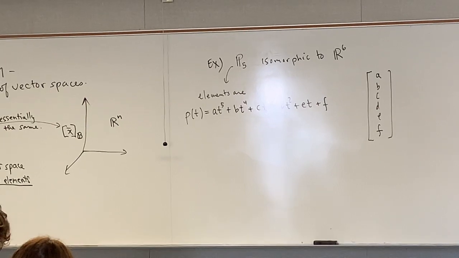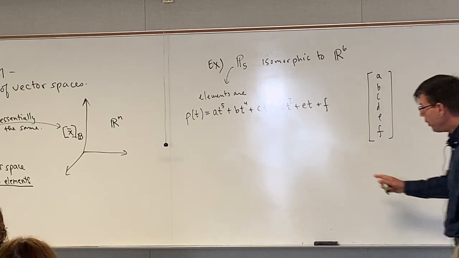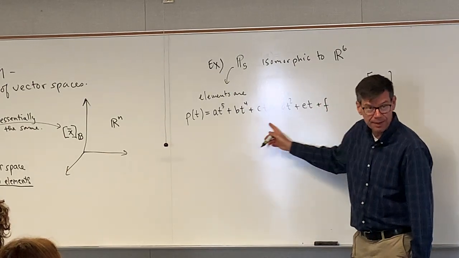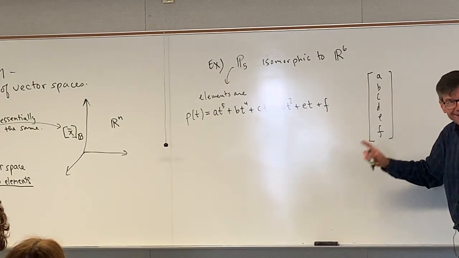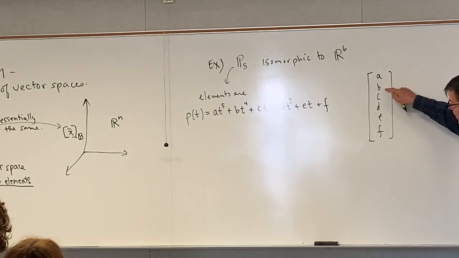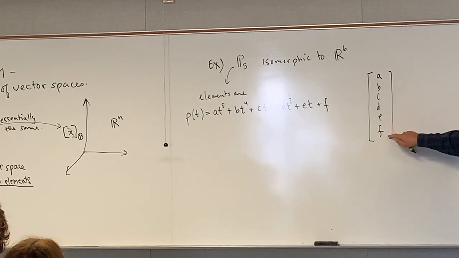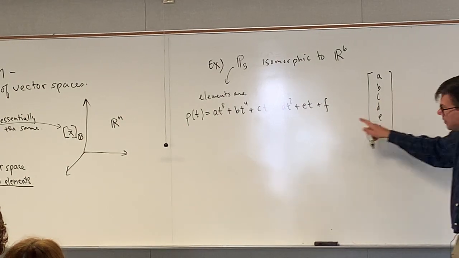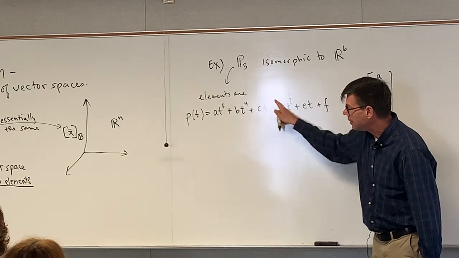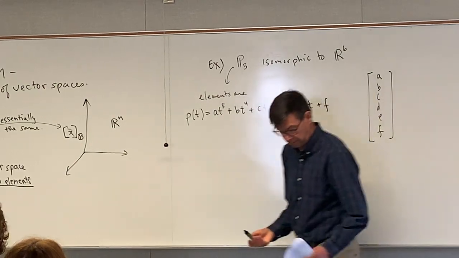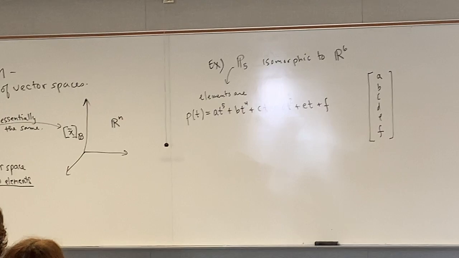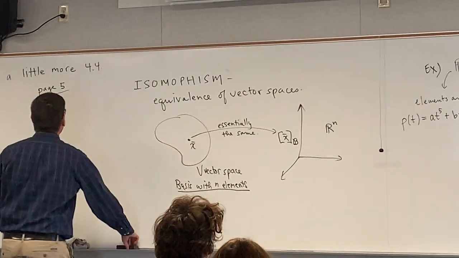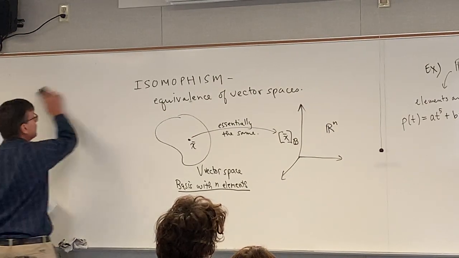So really, when I see this as an element in a vector space, a polynomial, kind of in the back of my mind, I just see these coefficients as a column vector, because anything I do with these column vectors matches up exactly with anything we do with polynomials. And that's all we're going to say. We're going to move on to 4.5 now and get started on a new section.